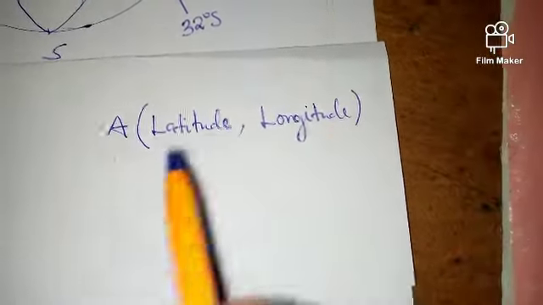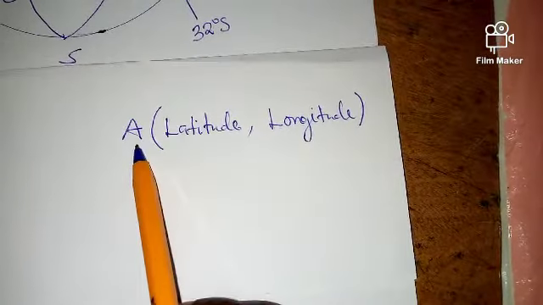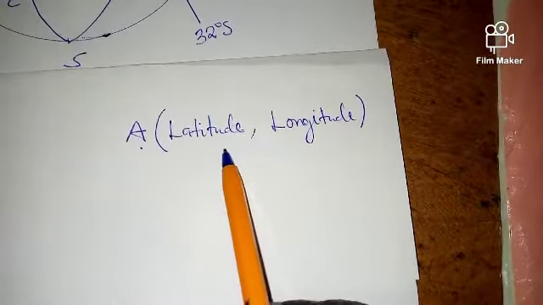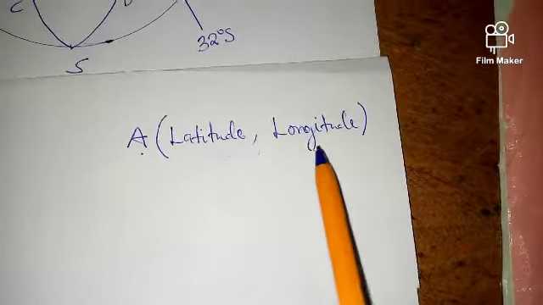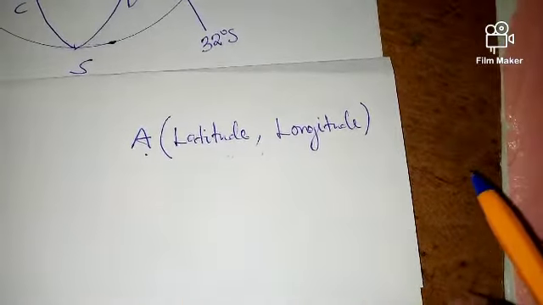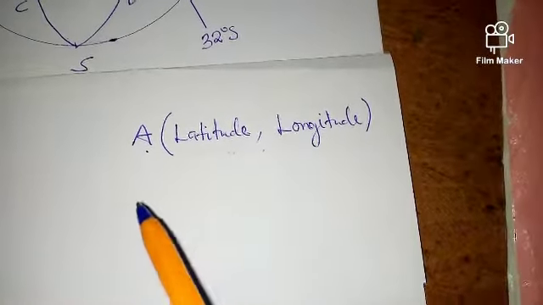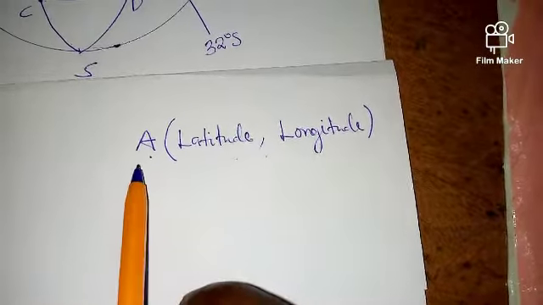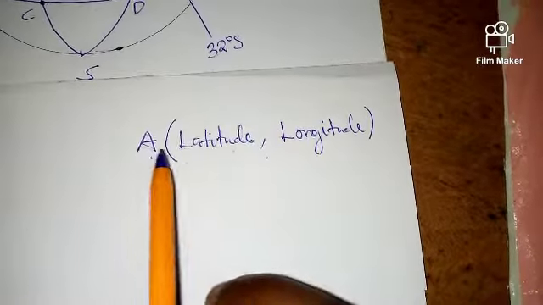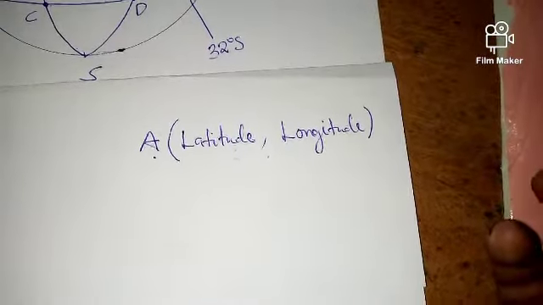What this means is that when you are locating point A, you begin by naming the latitude, then you go on naming the longitude. So it's not just by getting any latitude or longitude that you wish to get. It's by getting which latitude point A is lying on and which longitude point A is lying on. Those are the focus points you have to look at.